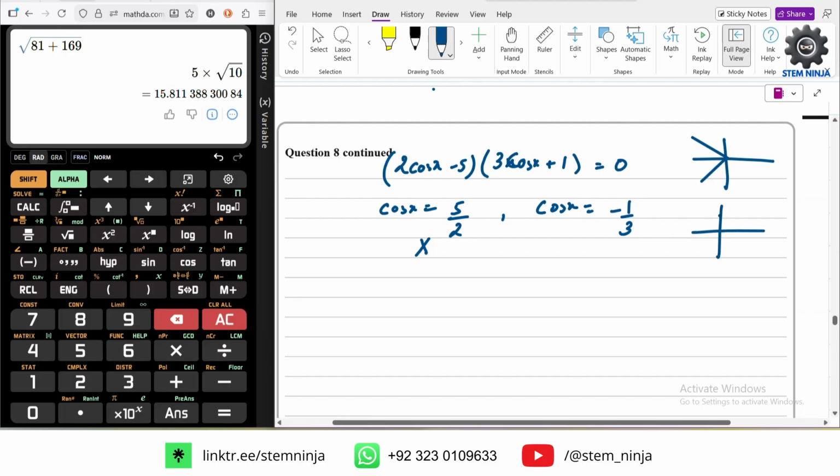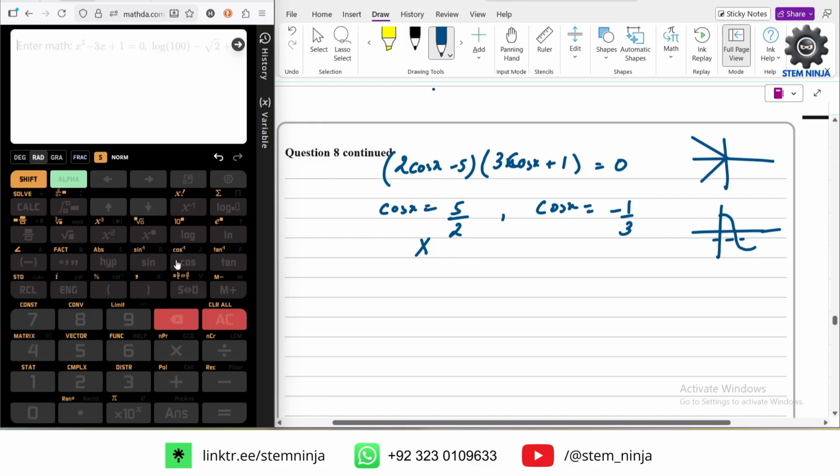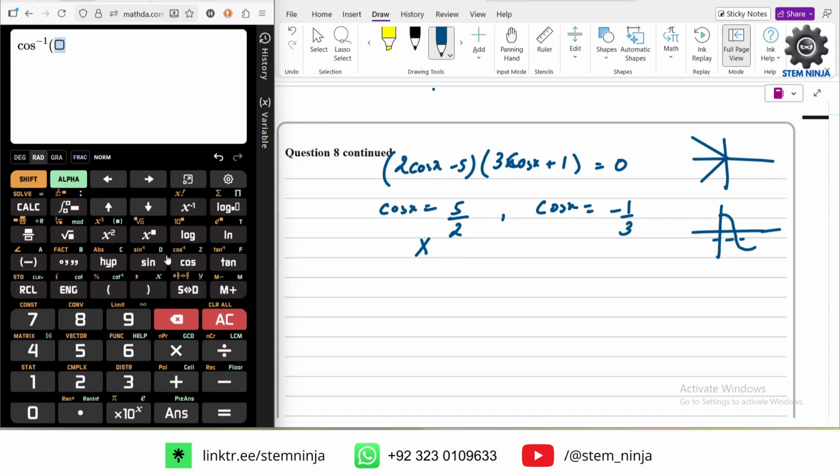Or using the graph, up till this one. So cos inverse of 1 divided by 3 is, in radians, 1.23, right? But this is pi minus that.